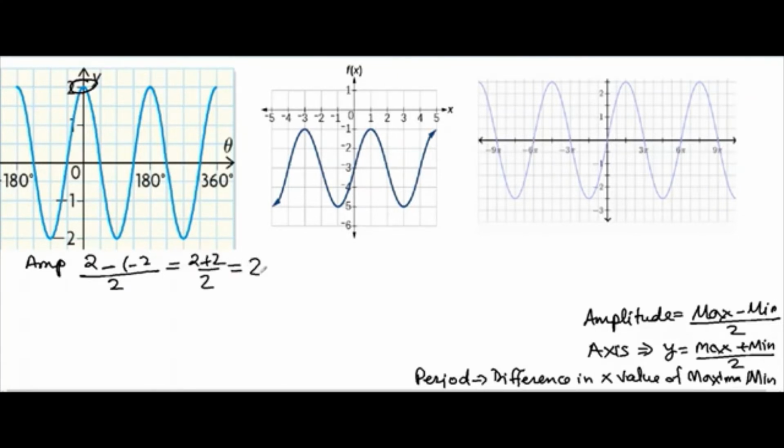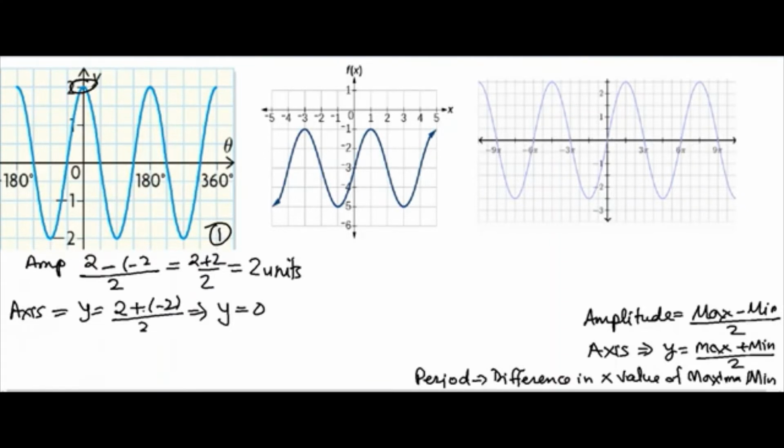So 2 units. That's the amplitude of the first graph. Now axis. Axis is y equal to maximum plus minimum divided by 2. And 2 plus minus 2 is 0, 0 divided by 2 is 0. And y equal to 0 is the axis of this graph.